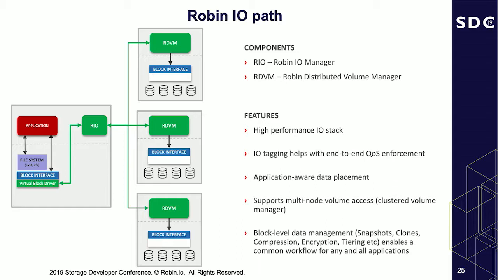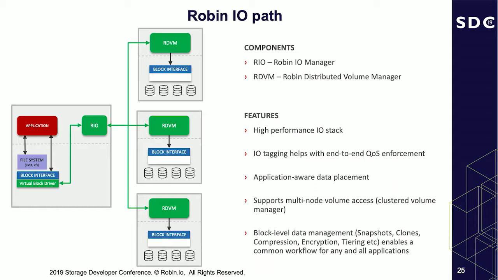When the pods write to the file system, the I/O request comes down through the file system to the block interface. At this point, the Robin software running on that node has control of the I/O request, right? So we can apply any data transformation that we want on that I/O request, like encryption or compression.